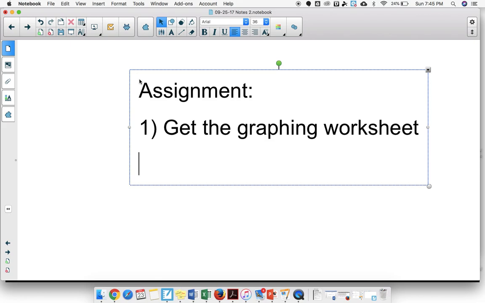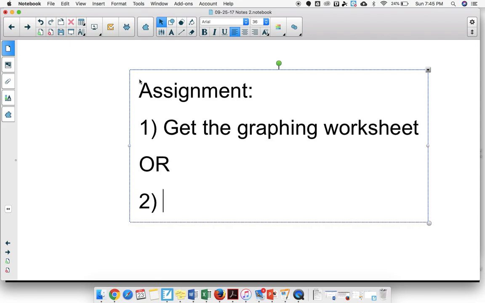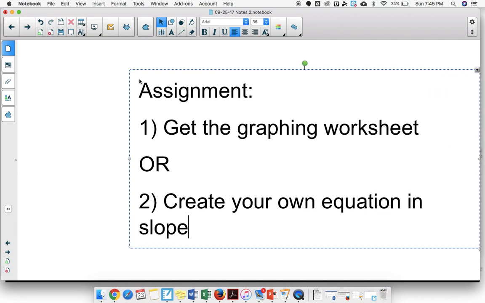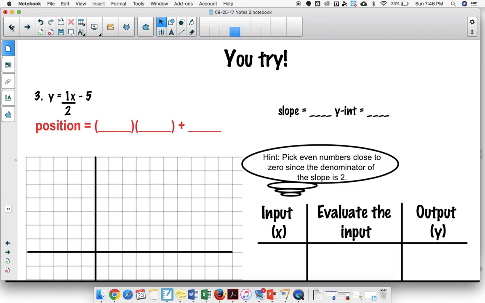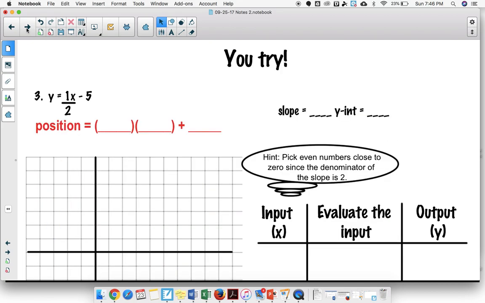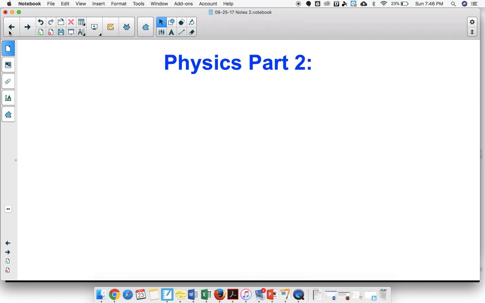The second option is that you can create your own equation in slope-intercept form. In other words, something like this: y equals some slope, and then times x, and then plus or minus some number. You can create that.